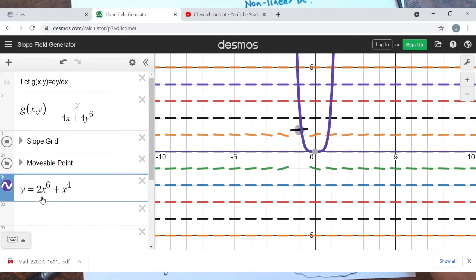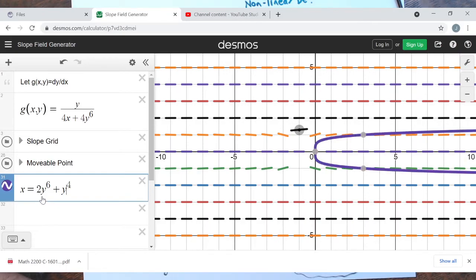Because then if I graph x equals 2y to the 6th, maybe not, plus y to the 4th. Yeah, so I guess it's looking pretty good. I mean, there's not a lot of slopes drawn, but the curve that I just drew here, x equals 2y to the 6th plus some constant multiple of y to the 4th, looks like the curve is following these slopes in the same direction pretty well.